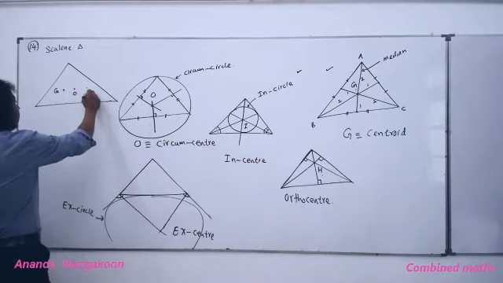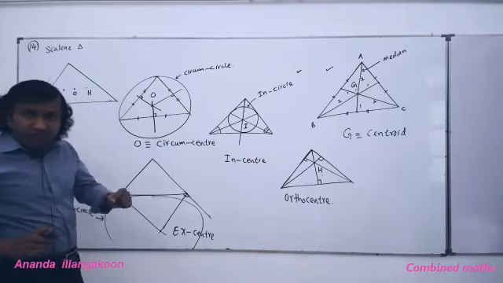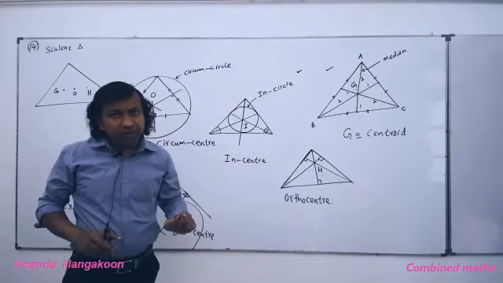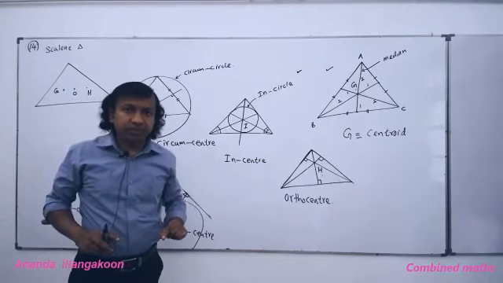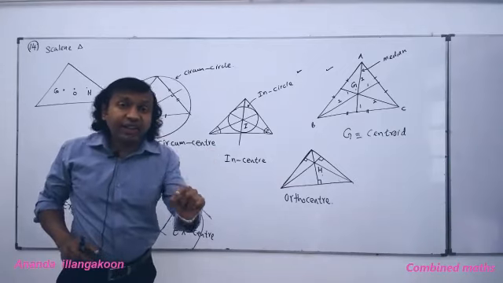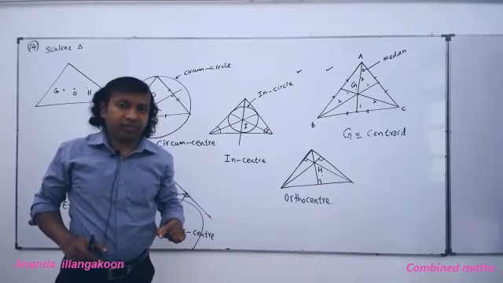People, these 3 points G, O, H, when we find them for any given triangle, always lie in a single line. In other words, these 3 points are collinear.